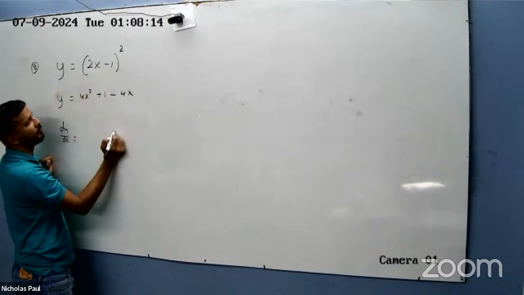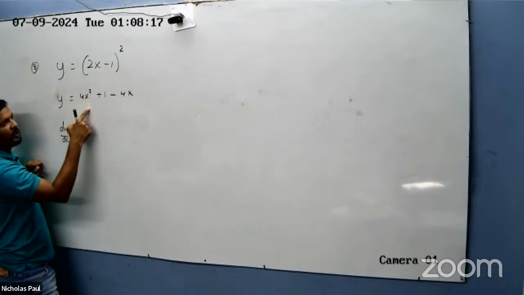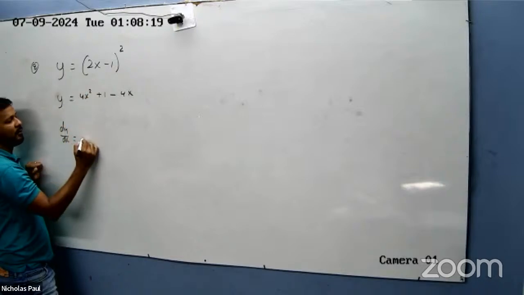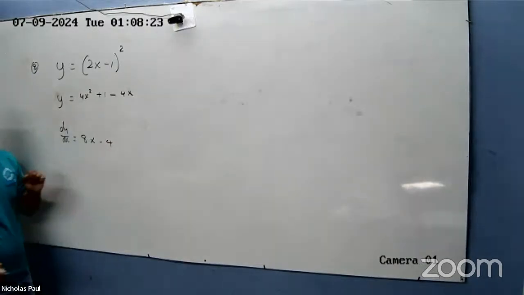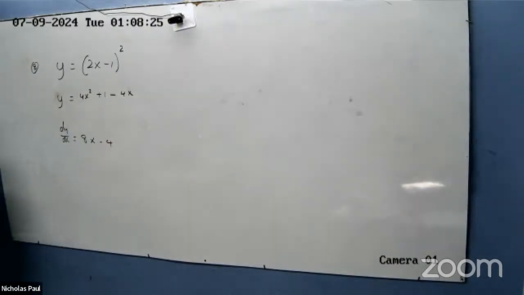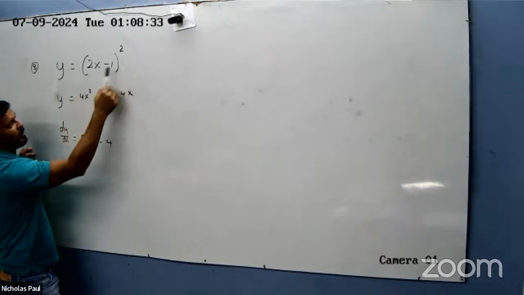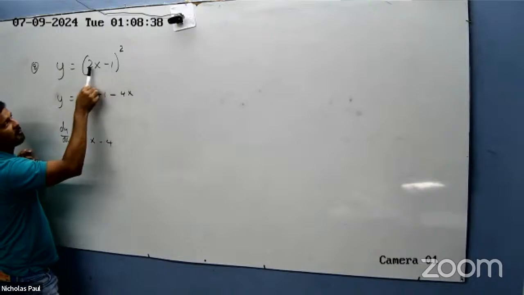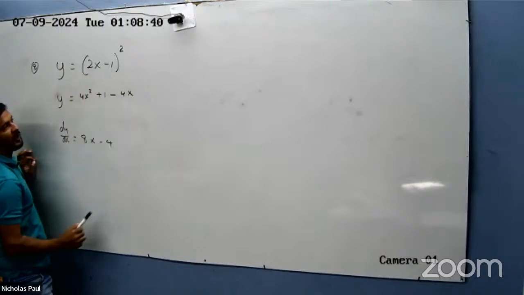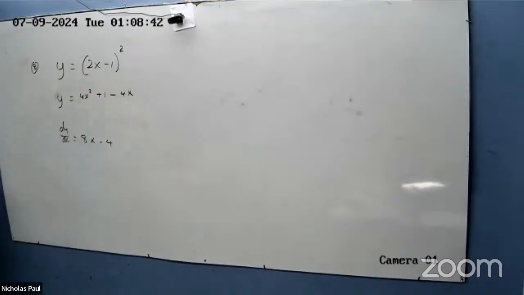Then the differential of 4x squared is 8x, the differential of minus 4x is minus 4. Okay? Everybody get that? It's 2x minus 1 by 2x minus 1, right? This squared, then you multiply this by this, and the constant differentiates to 0. Then differentiate.